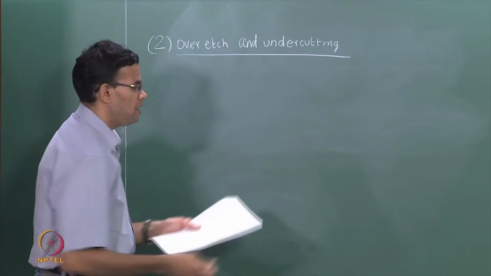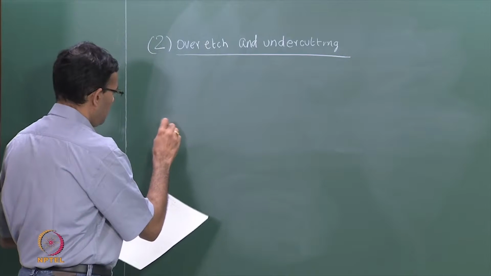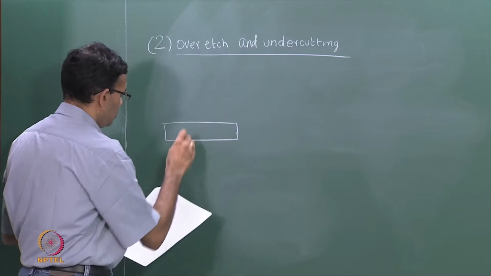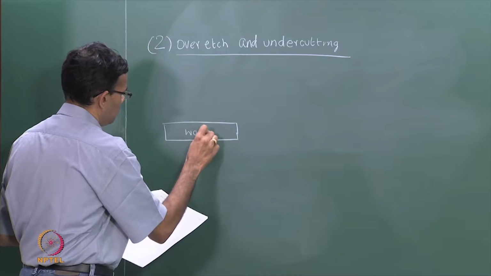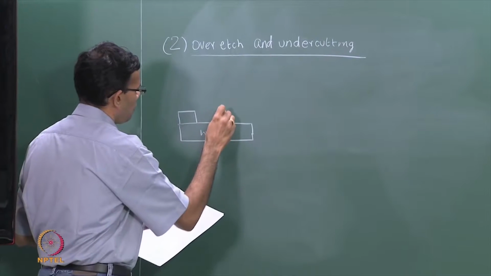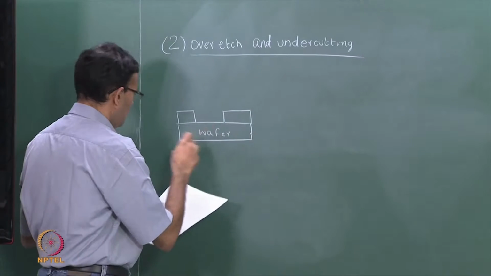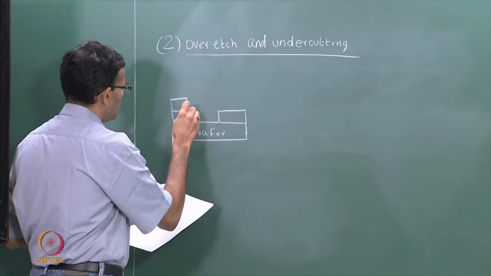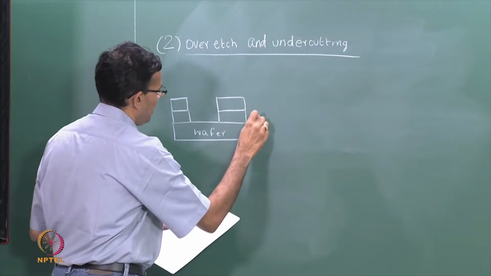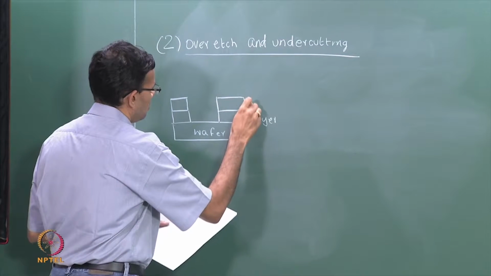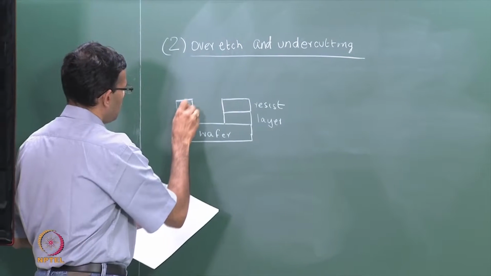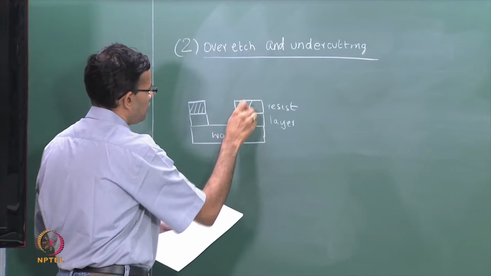So to give you an example, again let us go back to the wafer. So this is your wafer. This is the layer where you want to create a window, and again you have some sort of resist that you use to open the window. So this is your layer, this is the resist. So let me just shade the resist so you can differentiate it from the layer.